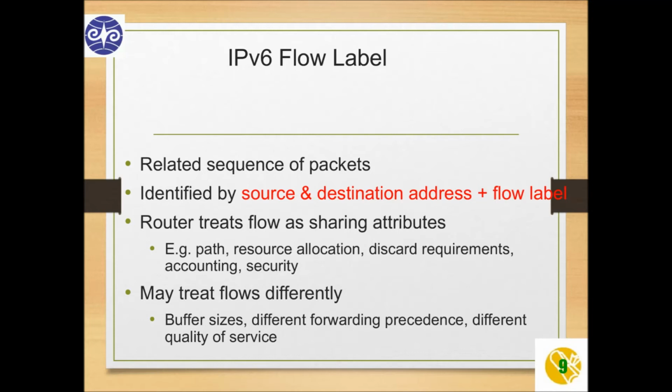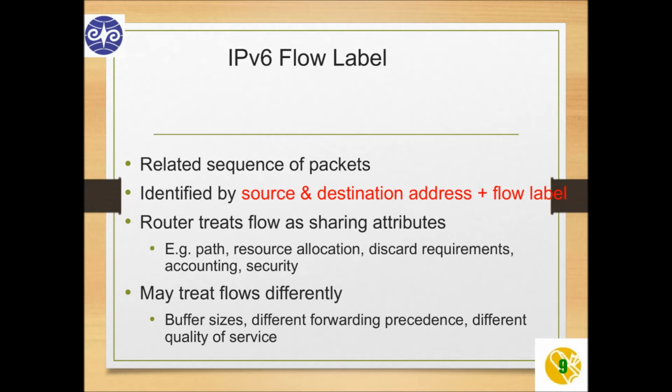Second point, identified by source and destination address plus flow label. Third point, routers treat flow and sharing attributes. There are multiple attributes, for example, path, resource allocation, discard requirements, accounting, and security. May treat flow differently: buffer size, different forwarding precedence, different quality of service.